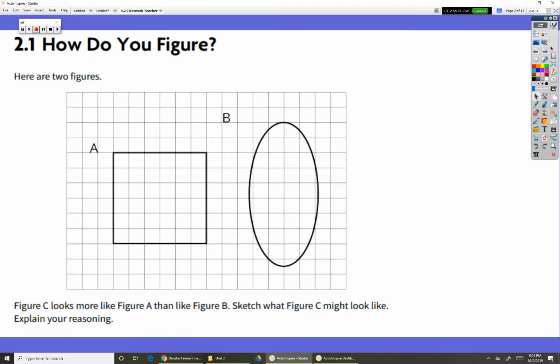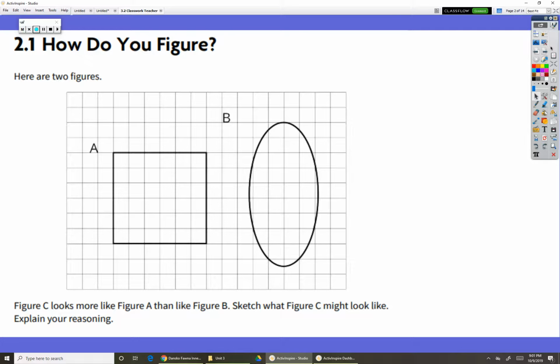First thing I want you to take a look at is this. Here are two figures. Figure C, which is not shown, looks more like figure A than like figure B. I want you to think about what figure C might look like. There is no one right answer for this, so feel free to be creative, maybe think outside the box a little bit, and come up with a sketch of what you think figure C might look like.